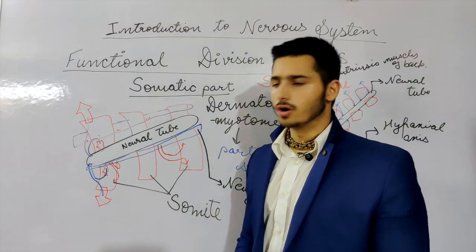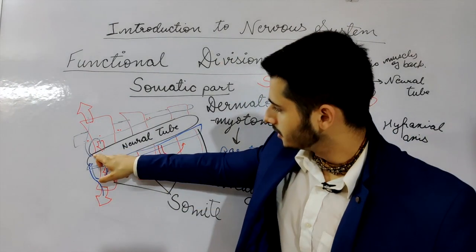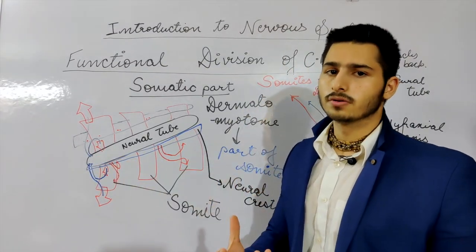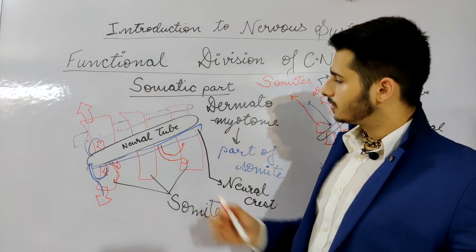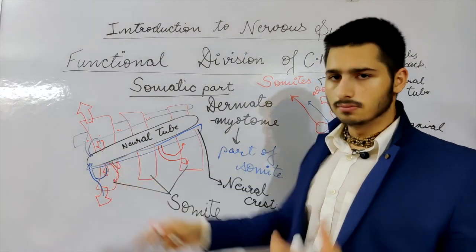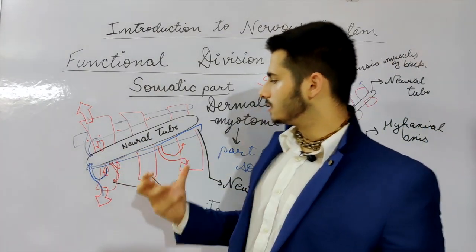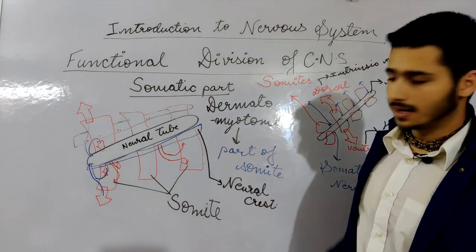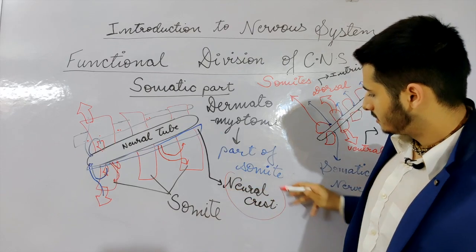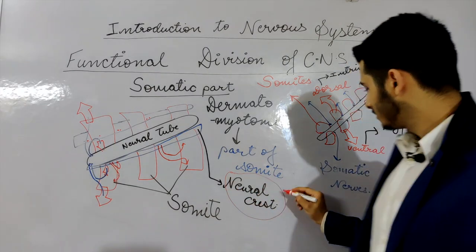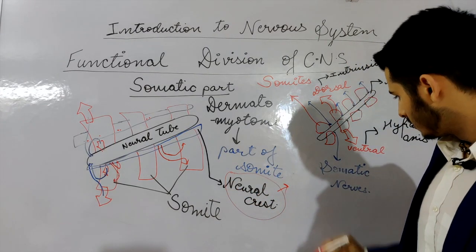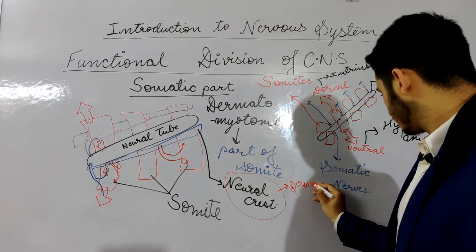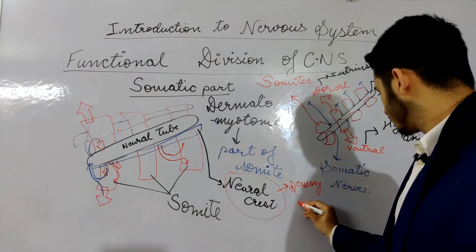Now, neurons that develop from the neural tube or the spinal cord are known as motor neurons, whereas the neurons that develop from the neural crest are known as sensory neurons.